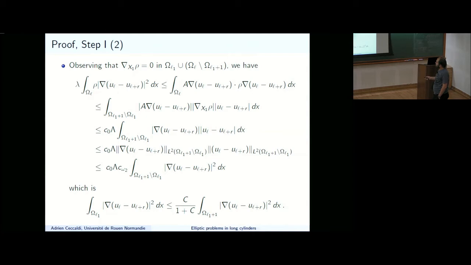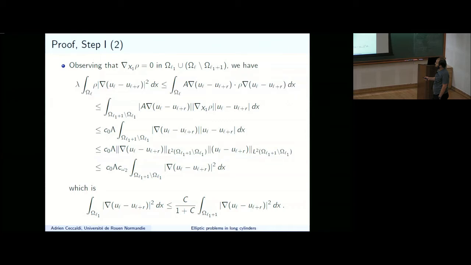Then we use the bound on the gradient of rho to derive that, and the property of A to have the big lambda. Then we pass here by Cauchy-Schwarz inequality, and here by using the Poincare inequality which we have. And this can be rewritten this way by dividing here and here by lambda, and then considering that this is the integral on omega L1 plus 1 minus the integral on omega L1, putting the omega L1 part here.